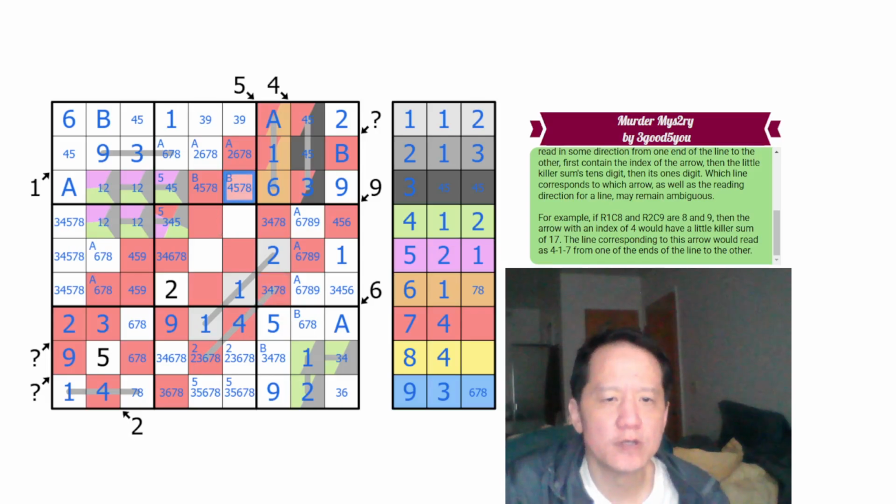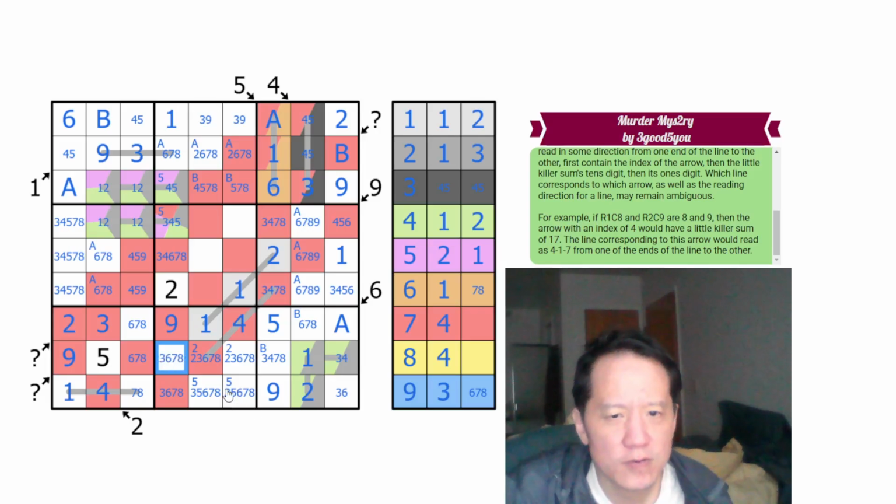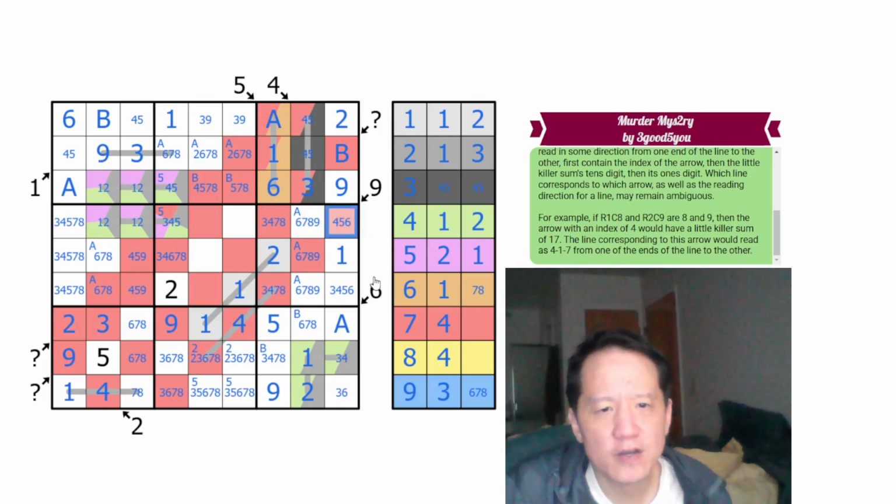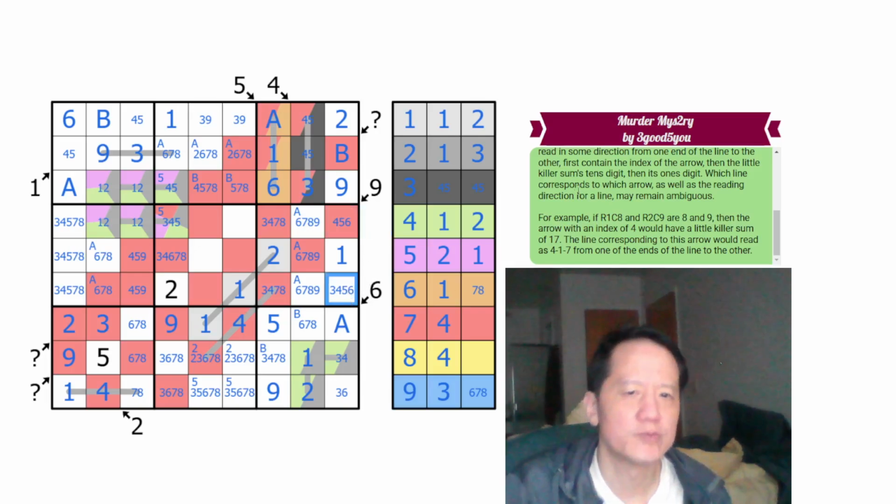So this could not be 4. This can't be 4 either. So 5 is one of those two, which we already said.